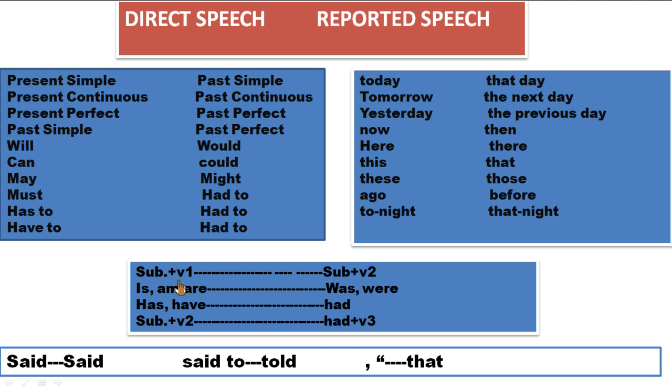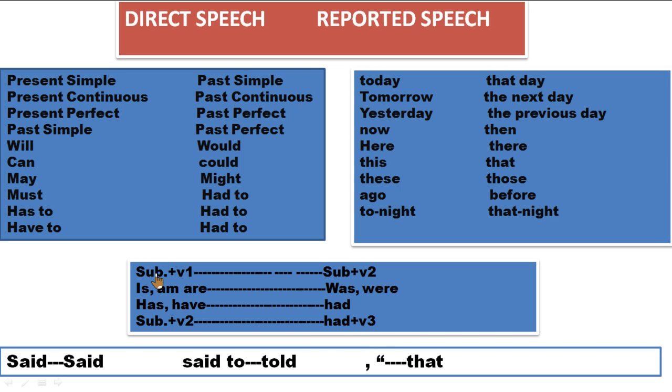Subject plus first form changes into subject plus second form of the verb. Is is changed into was, were. Has becomes had. Subject plus second form of the verb becomes had plus third form of the verb.